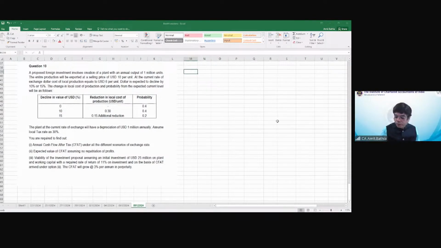So let's calculate the annual cash flows. Calculation of annual cash flows, right? So first option is no change.